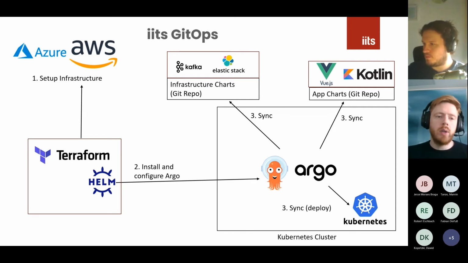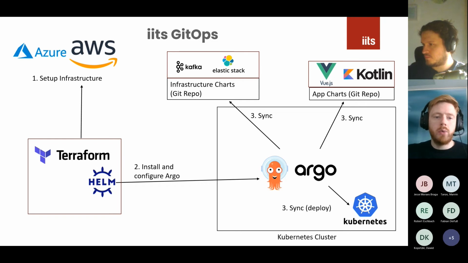So the first step is we set up infrastructure. We need a Kubernetes cluster inside Azure that we will set up today. Then we use a Terraform Helm provider to install a GitOps tool on Kubernetes, which is called Argo CD. And this Argo CD will take a look at our 2 repos.